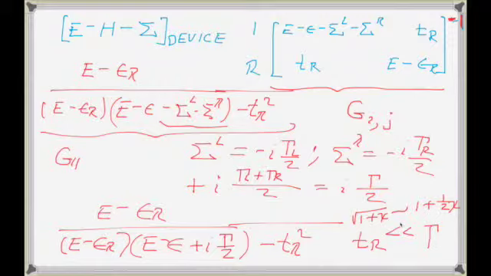So when this Green function is 0, it's going to be 0 when E equals ER. There's your zero right there, when the numerator goes to 0. That's easy. And you'll see the denominator is going to go to 0 when it has a pole close to ER.